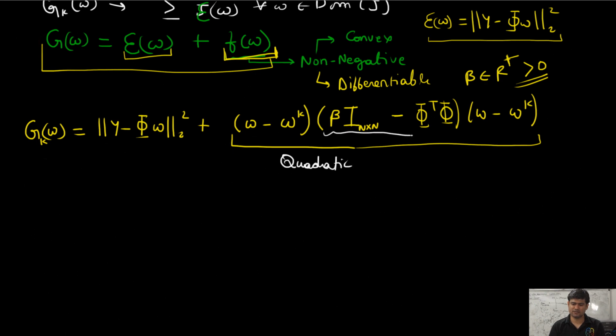So this is just some matrix M, and this is just some vector. This is a known vector, this is a constant. So this is a quadratic function in W, and it would be convex and non-negative if this matrix M, which is equal to beta times I minus phi transpose times phi, is a positive semi-definite matrix.